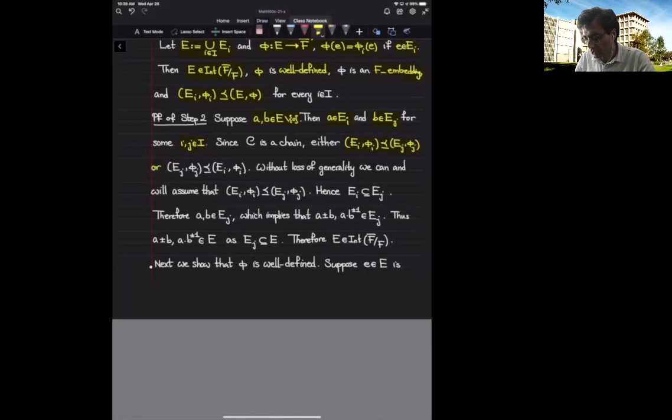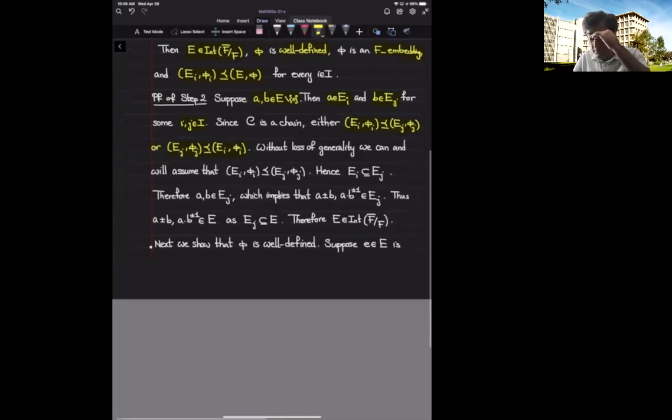Every two pairs in this chain can be compared with each other. Assume (E_i, φ_i) is at most (E_j, φ_j). That means the first component E_i should be a subfield of the first component of the other pair, E_j.